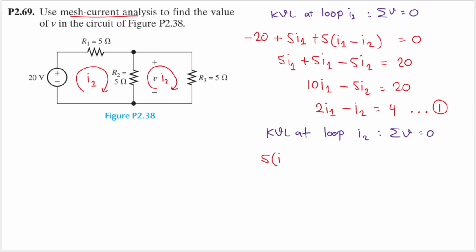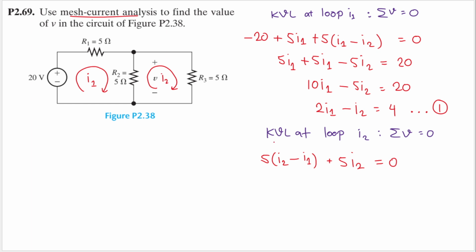So I2 is going up, but here I1 is going in the opposite direction, which is going down. So I will have minus I1. So 5 times I2 minus I1, and then plus this resistor, which is 5 ohm, but the only current that passes through it is this I2. So I will have 5I2 here, and all of that will equal 0.